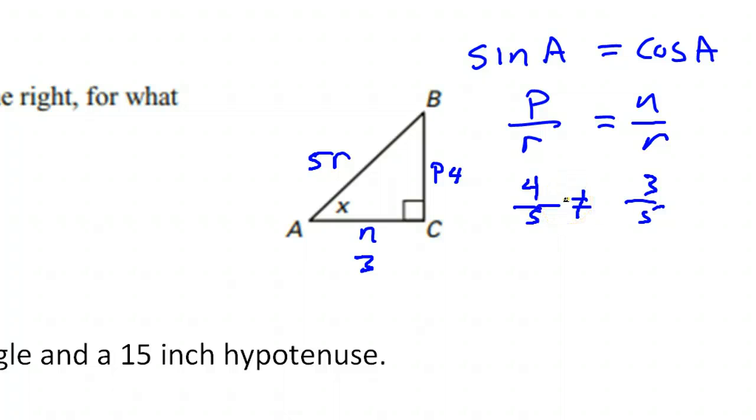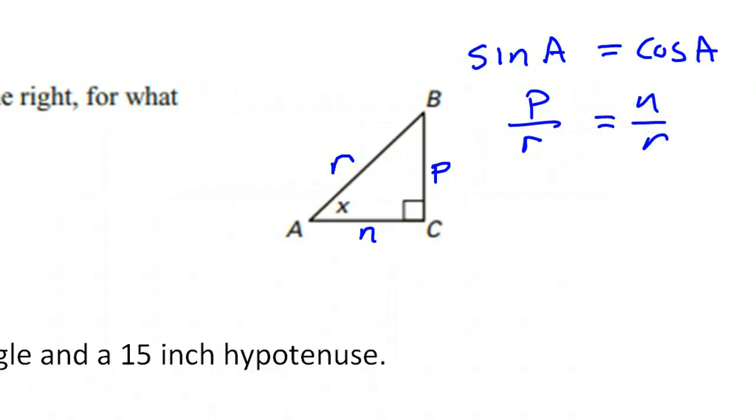They are totally different, not equal at all. But there's one special case. Considering that the denominators are already equal, r and r, the only way these two fractions are going to be equal is if p and n are not really two different variables. The only way is if p and n are the same.